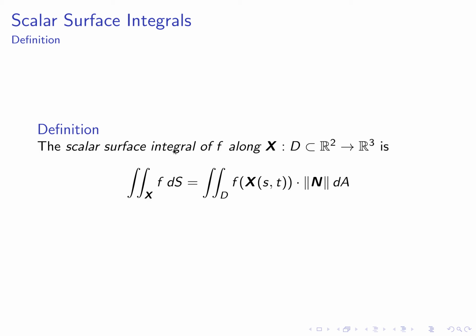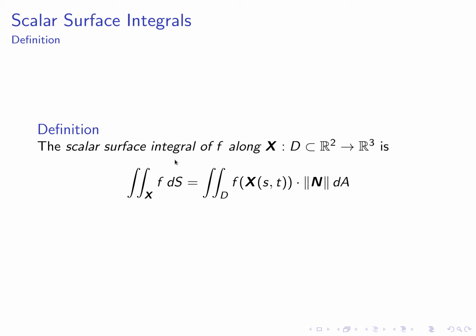The scalar surface integral of a function little f along the parametrization is defined notationally as 2 integrals with a subscript bold x of little f dS. And this is defined as the ordinary double integral throughout the domain of the parametrization of f applied to the parametrization multiplied by the norm, or the length, of the standard normal vector for the parametrization.